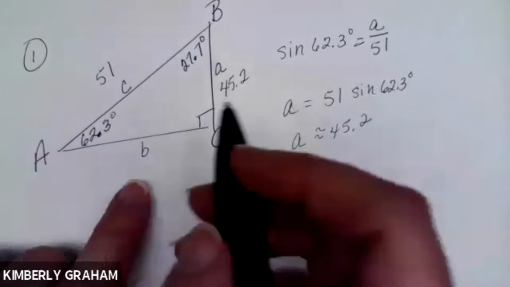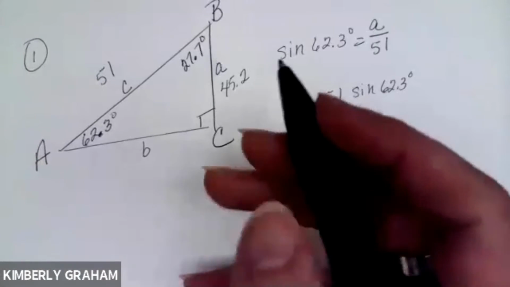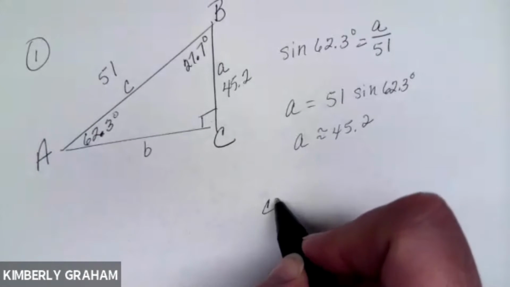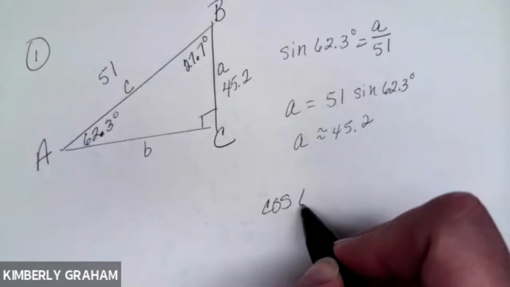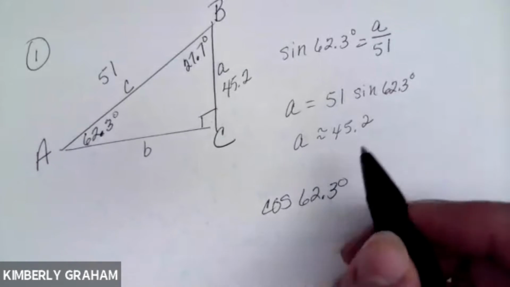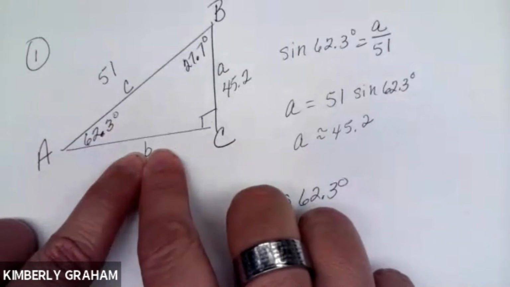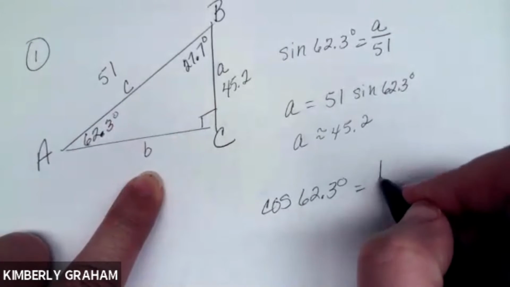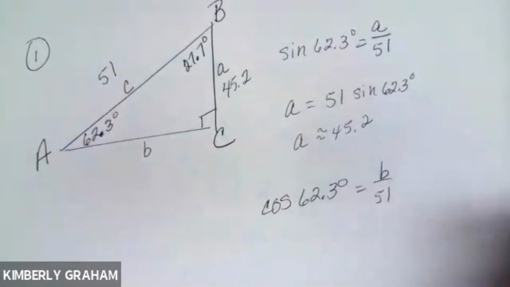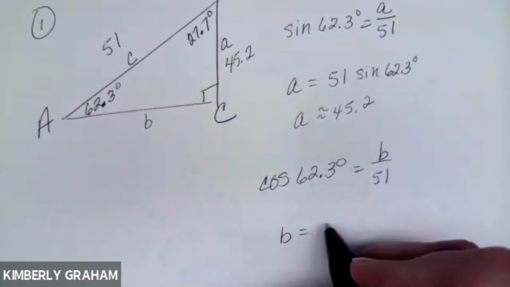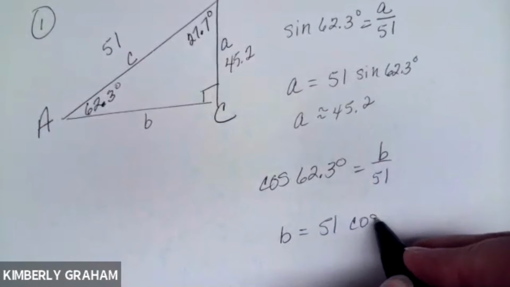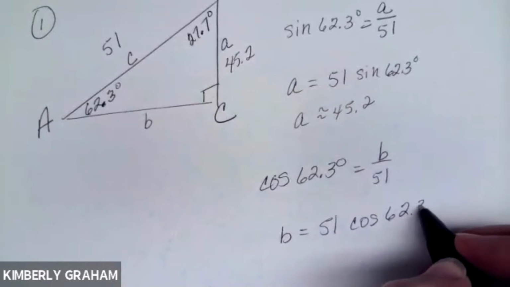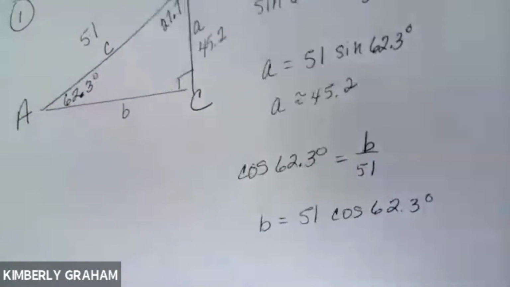All right, so figuring out side B here, I'm going to look at cosine of 62.3 degrees. And the cosine is adjacent over hypotenuse. So B over 51. So B is going to be 51 times the cosine of 62.3 degrees.